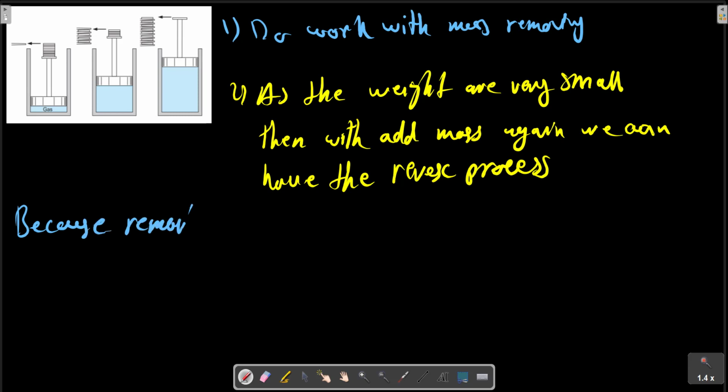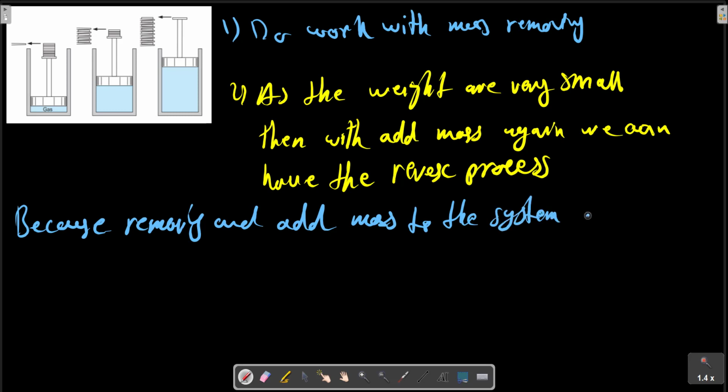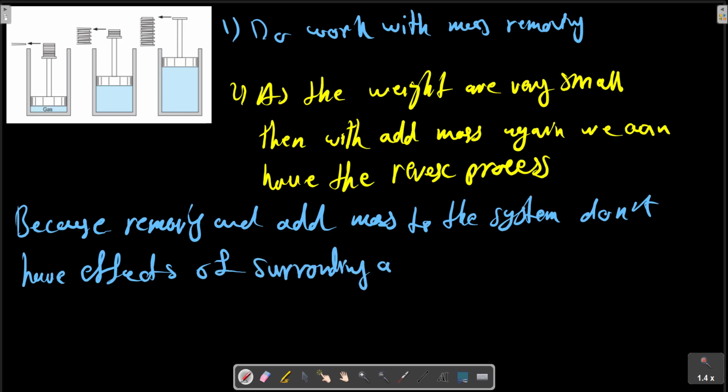Removing and adding very small masses to the system has no effect on the system or surroundings. In the limit, therefore, as the weights become very small, we have this position. So it is a reversible process.